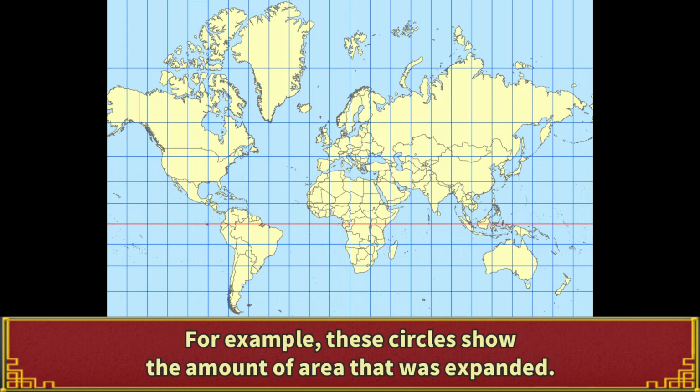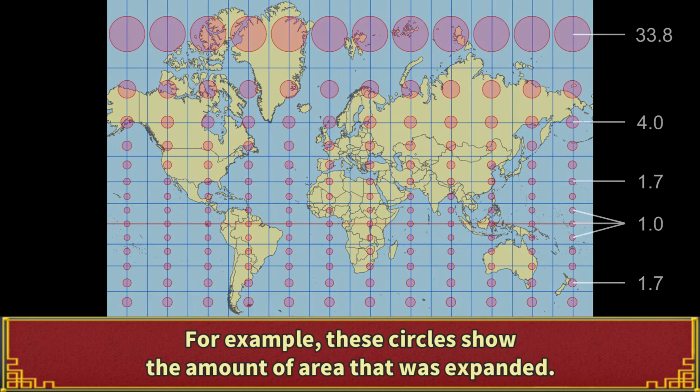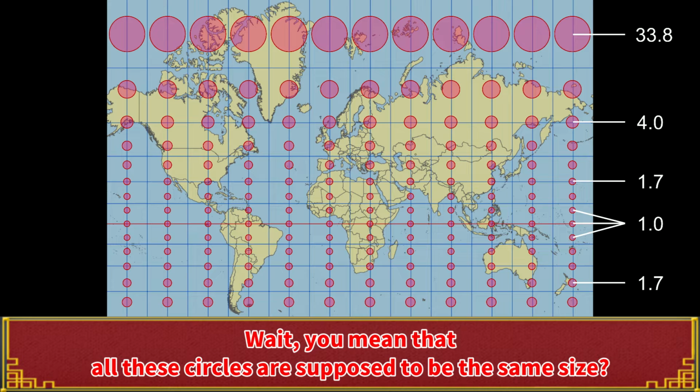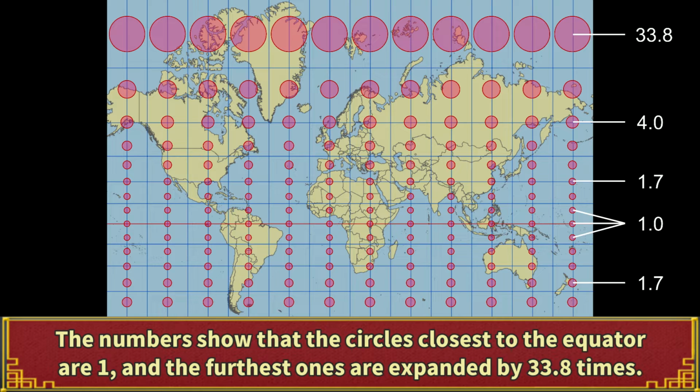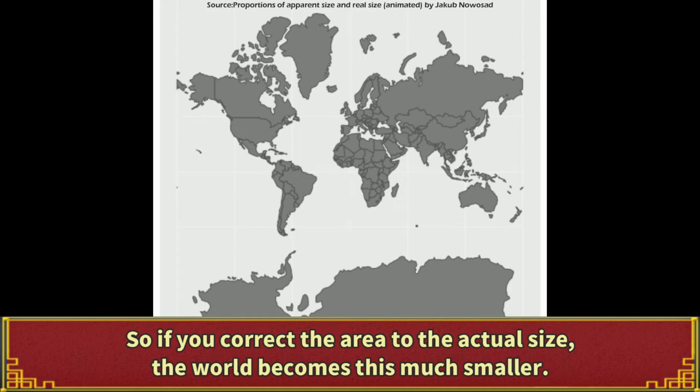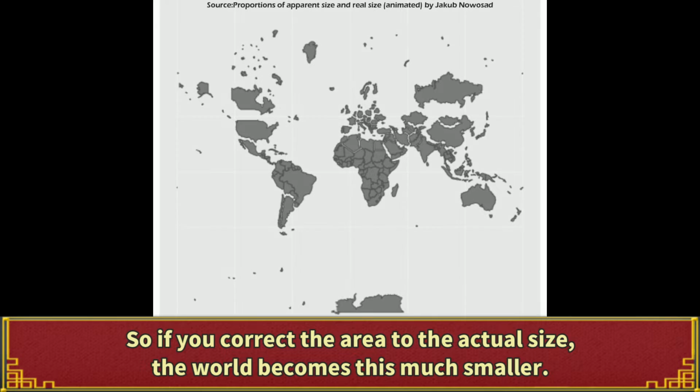For example, these circles show the amount of area that was expanded. Wait, you mean that all these circles are supposed to be the same size? Yup. The numbers show that the circles closest to the equator are 1, and the furthest ones are expanded by 33.8 times. So if you correct the area to the actual size, the result becomes this much smaller.